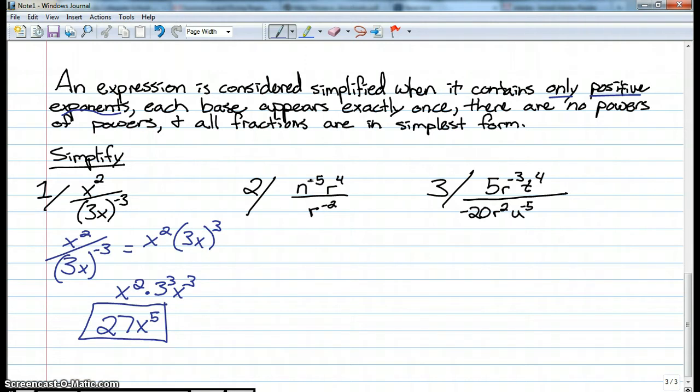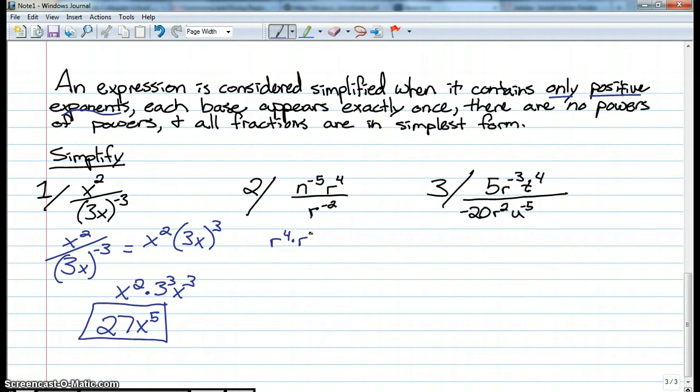Moving on to example 2, you have n to the negative 5th, r to the 4th, divided by r to the negative 2nd. So again, the first thing is identify what bases have negative exponents with them. We have n to the negative 5th and r to the negative 2nd. So those are the ones we need to switch. R to the 4th still stays in my numerator.